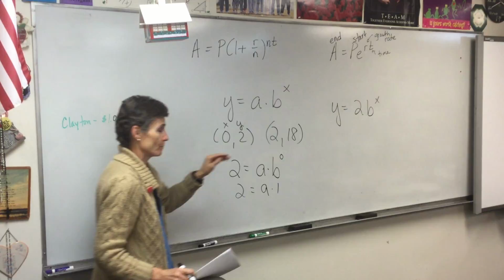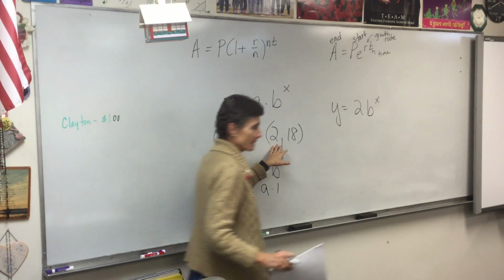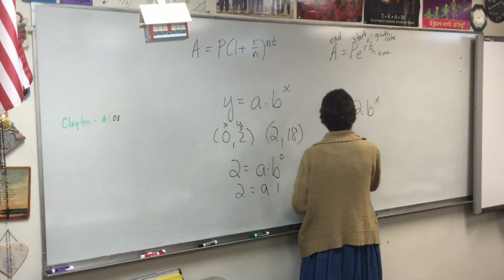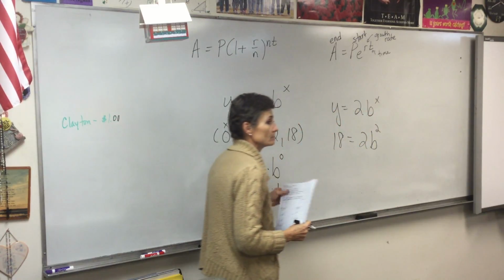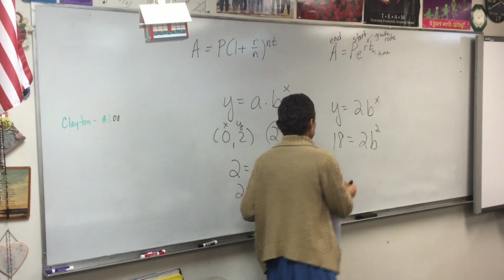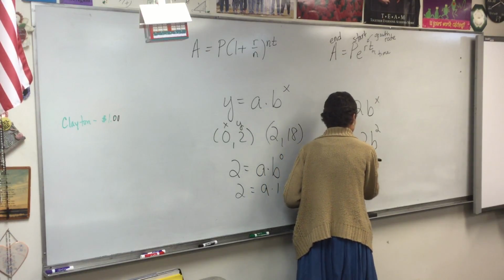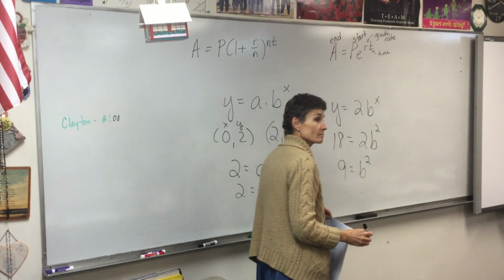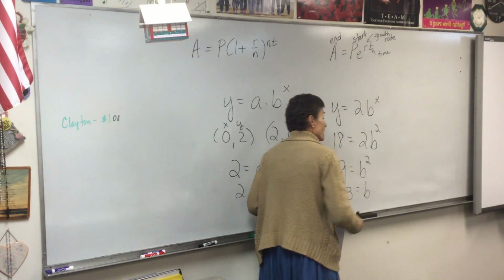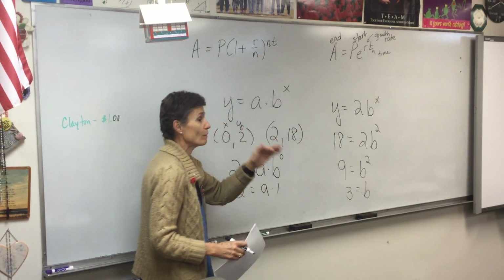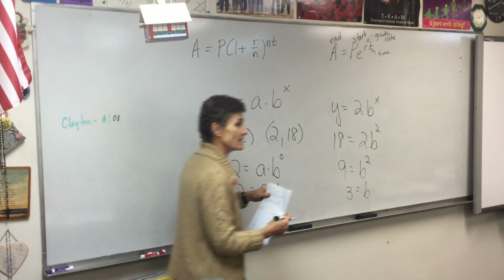Now plug in our other point. Yes, Molly, good. 18 equals 2b squared. Divide by 2, so 9 equals b squared. Square root, so b equals 3. But do not get so excited that you forget to write your answer.